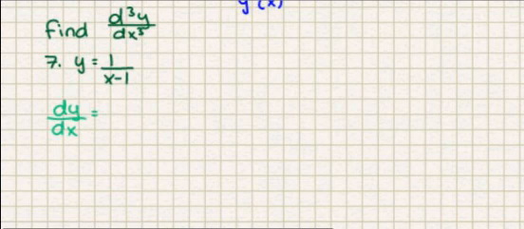So g of x is just the denominator multiplied by the derivative of the numerator, and then we're going to subtract the numerator multiplied by the derivative of the denominator.